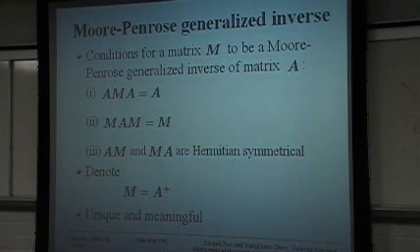So if all these three conditions are satisfied, the matrix M will be unique. And we call it a Moore-Penrose generalized inverse or pseudo-inverse of matrix A. And the mathematical form is something like this. So now the question is, how can we find the pseudo-inverse of the matrix?